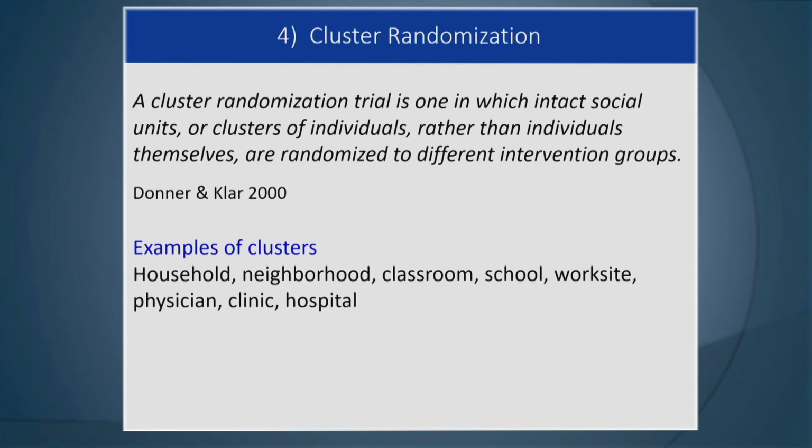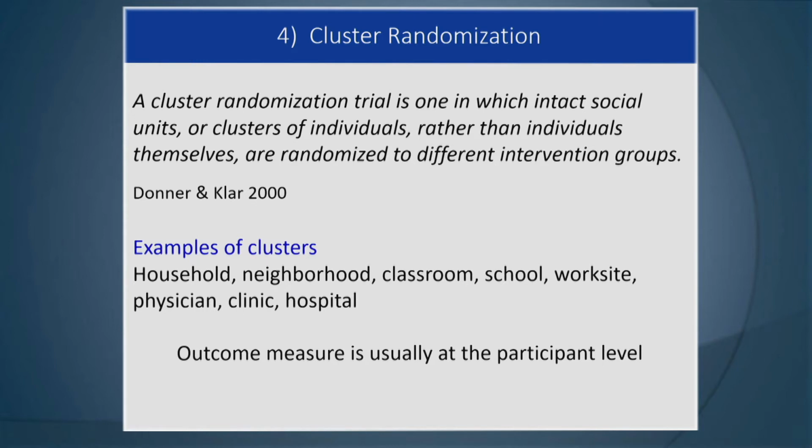What are examples of clusters? You can have a household where you randomize the whole household, not the individuals inside the household. The whole household is randomized to different groups. The neighborhood, a classroom, a school, a work site, a physician, a clinic, or a hospital. These are clusters of people and the whole cluster gets randomized.